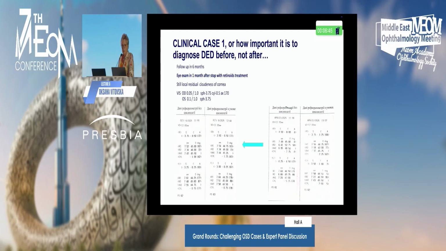His uncorrected and corrected best visual acuity highly improved, and it was almost normal.